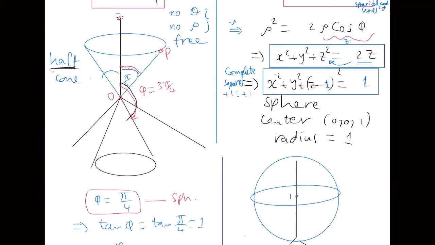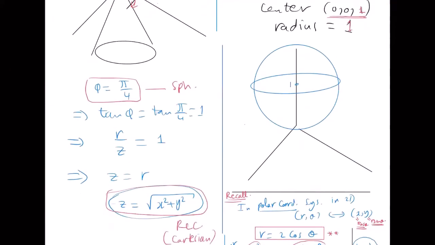But what is the center? What is the center here? Yes, center (0, 0, 1). 0 is subtracted from x, 0 is subtracted from y, 1 is subtracted from z. So the center is (0, 0, 1). The radius is the square root of this, which is 1.